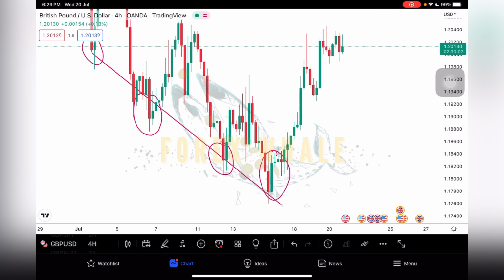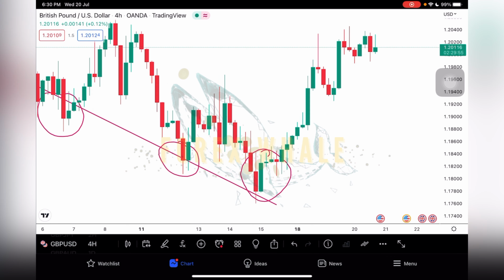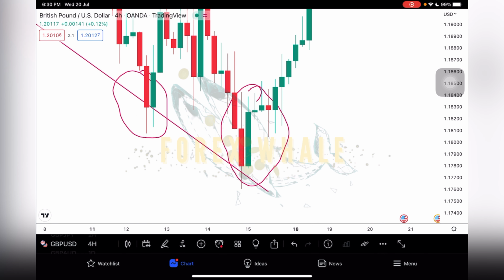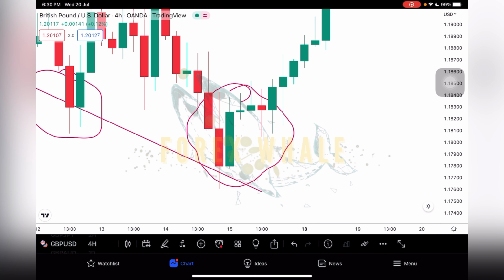Just to demonstrate to you that we do not just simply buy after the engulfing formation is formed. We must at least have one or two confluences before we take the trade. So as you can see, after that divergence, what did price do? Price created a bullish engulfing. Look at the body.